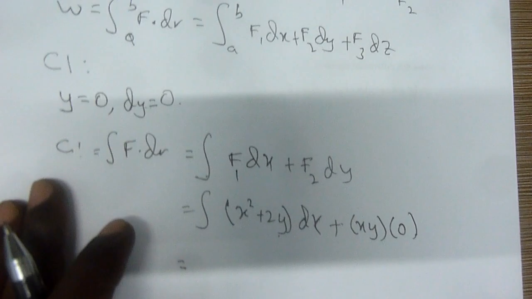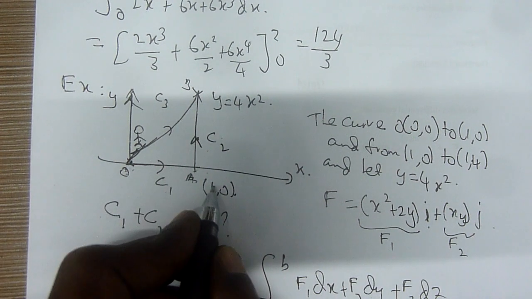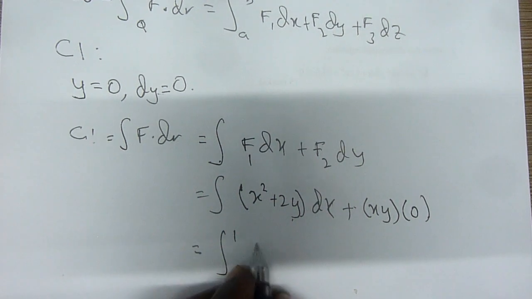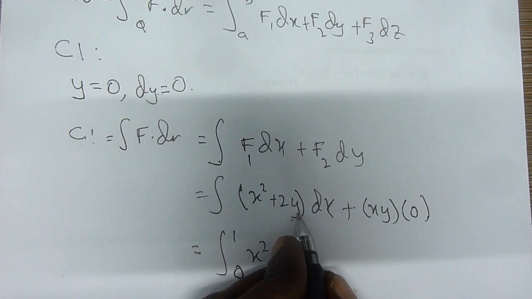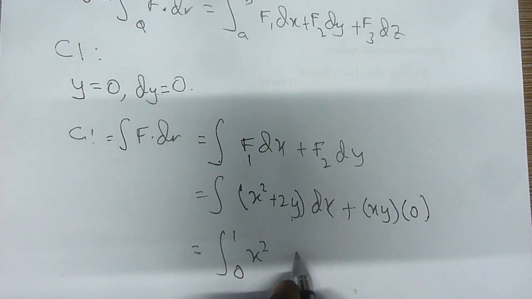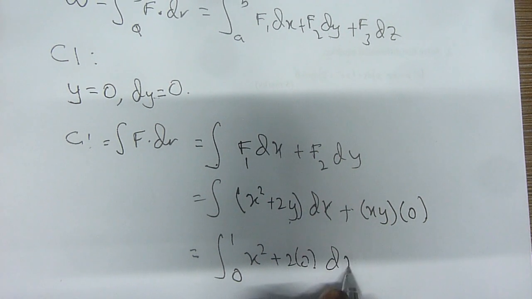Therefore can I calculate that? What is the x here? 0 to 1. Therefore this becomes x2. Again, don't ask me again where y is 0. Let me write here x2 plus 2 times 0 dx.